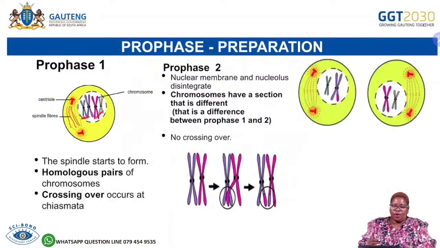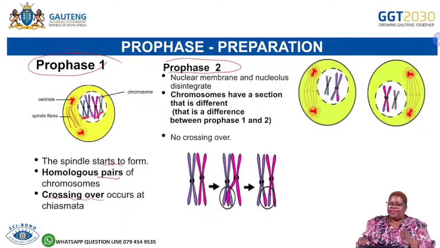What happens in prophase 1 again? Remember, you can see spindle fibers starting to form, and then chromosomes are arranged in homologous pairs. What else? Crossing over occurs. Okay? Compare prophase 1 to prophase 2.